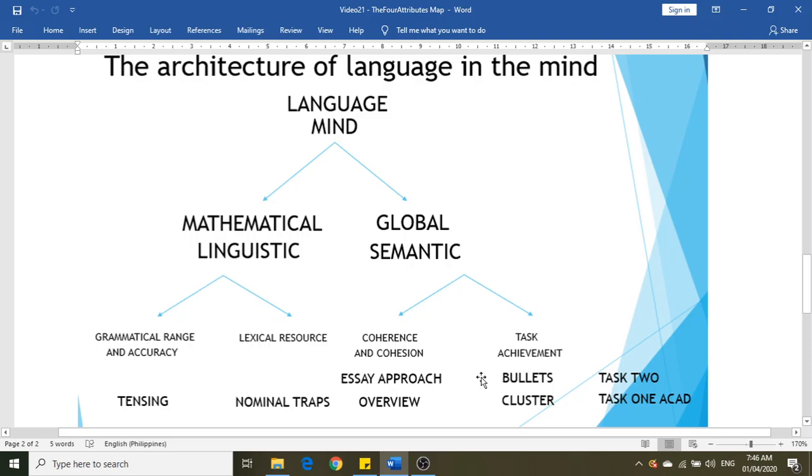So if you miss any one of these criteria, then that's no longer a band 7. So that's why I keep emphasizing cardinal rule 2, and I also keep emphasizing the correct problem solving approaches. Language aspects as regards to task 2 is important but not as critical as the semantic components.